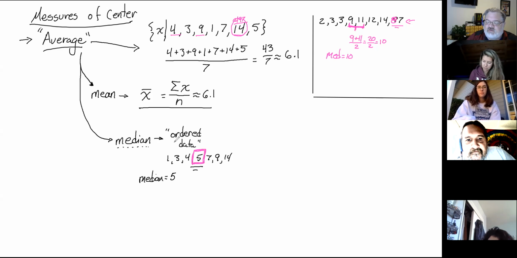Whereas the median doesn't care about the individual values. All it cares about is the order that they're in. So we often think of the mean as an average by value, because the values really do guide the numbers when you're finding a mean, and the median is instead an average by position.